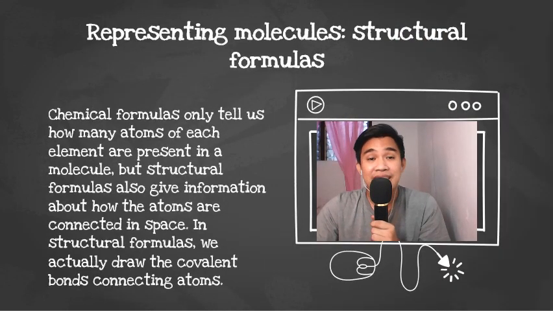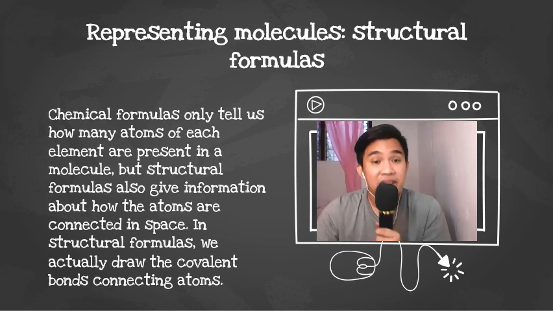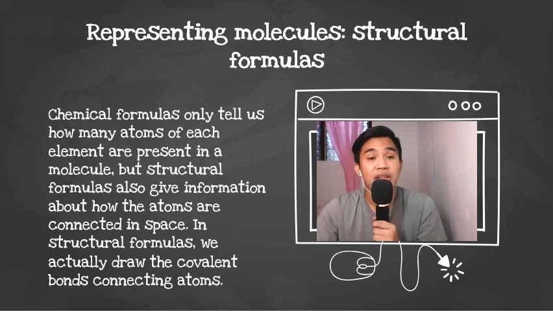Chemical formulas only tell us how many atoms of each element are present in a molecule, but structural formulas also give information about how the atoms are connected in space. In structural formulas, we actually draw the covalent bonds connecting atoms.